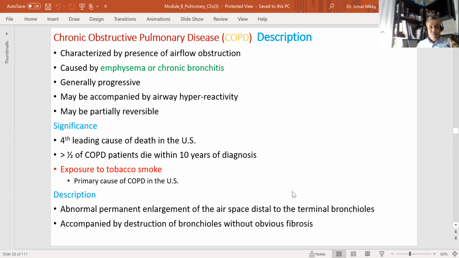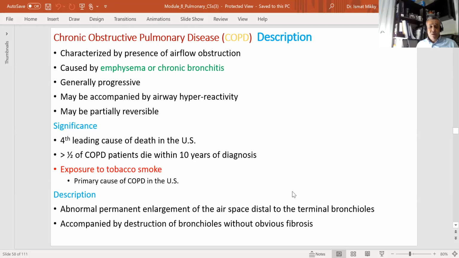So the patient who would experience the chronic productive cough for 3 or more months in each of 2 successive years can be classified as a patient diagnosed with COPD.